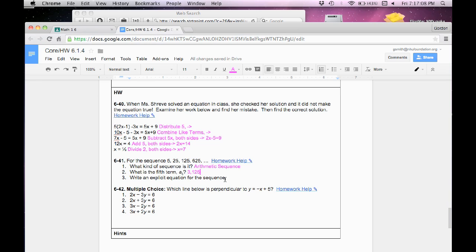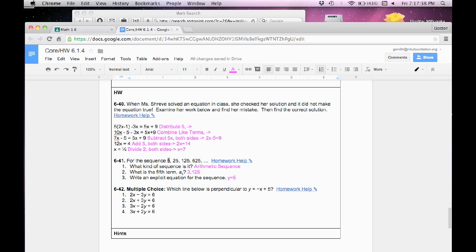Write an explicit equation for the sequence. Okay, if the first term is 5, and then it's going to multiply by itself every time, basically, then y is equal to 5 to the power of x.